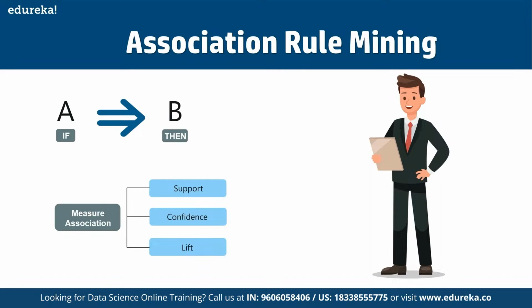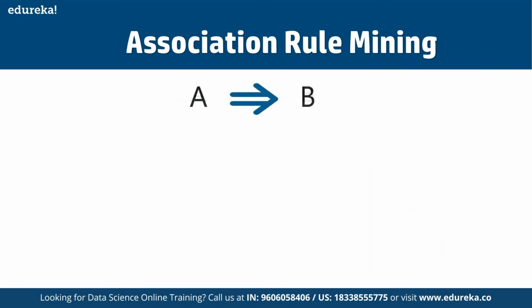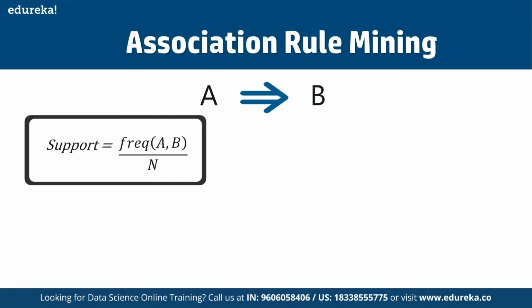Support gives the fraction of transactions which contain items A and B. Basically, support tells us about frequency, the frequently bought items or combinations of items bought frequently.